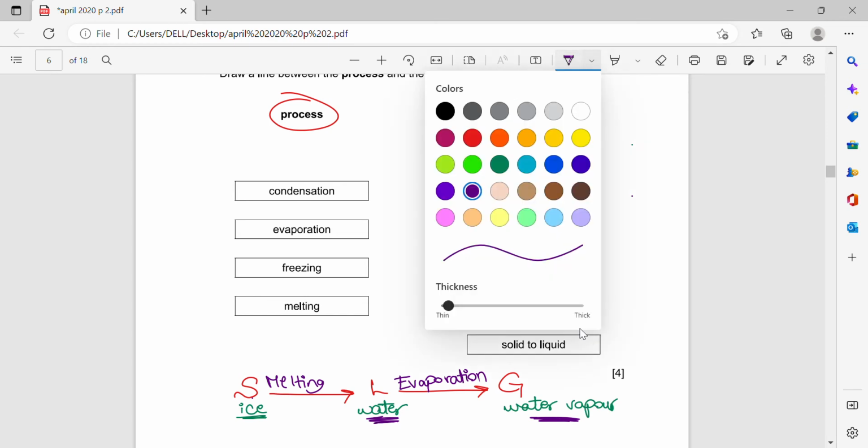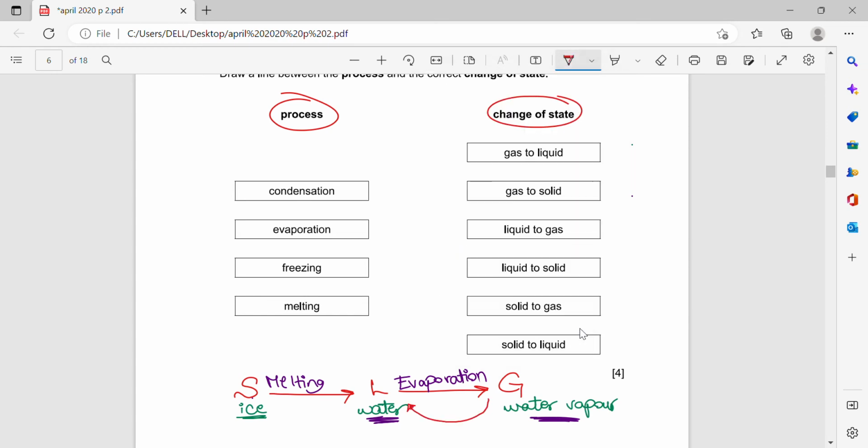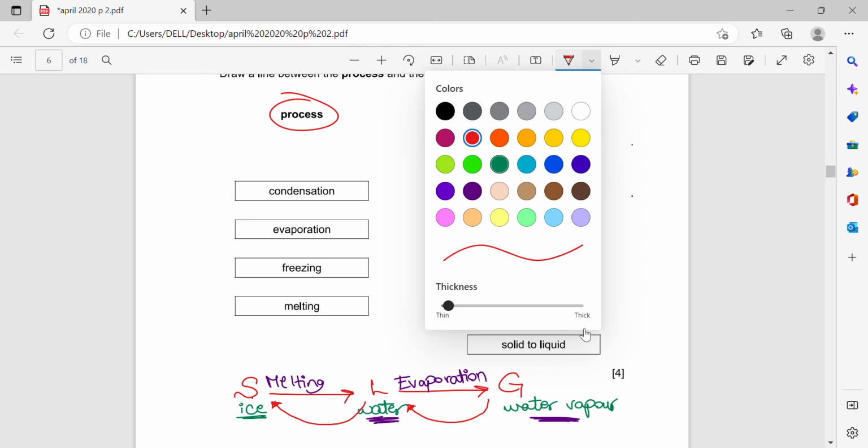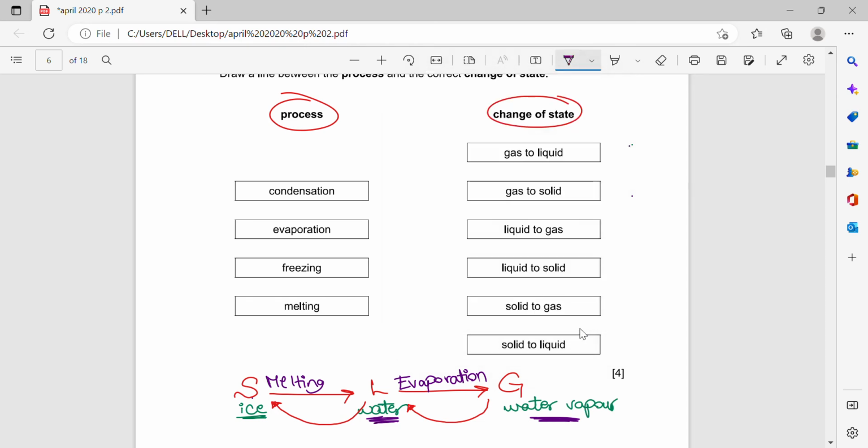From gas to liquid, from liquid to solid. What do we call this process? If I have water, I turn it into ice. This is called freezing. Gas into a liquid, condensation.